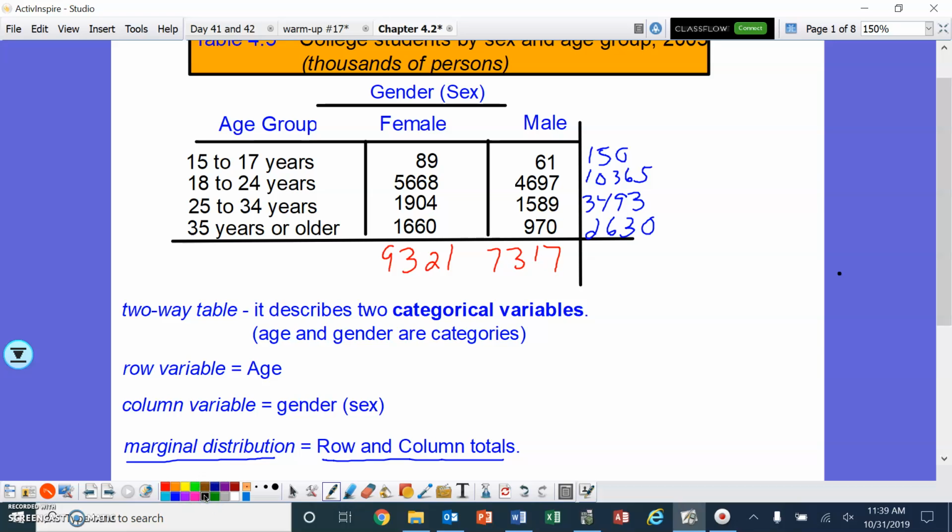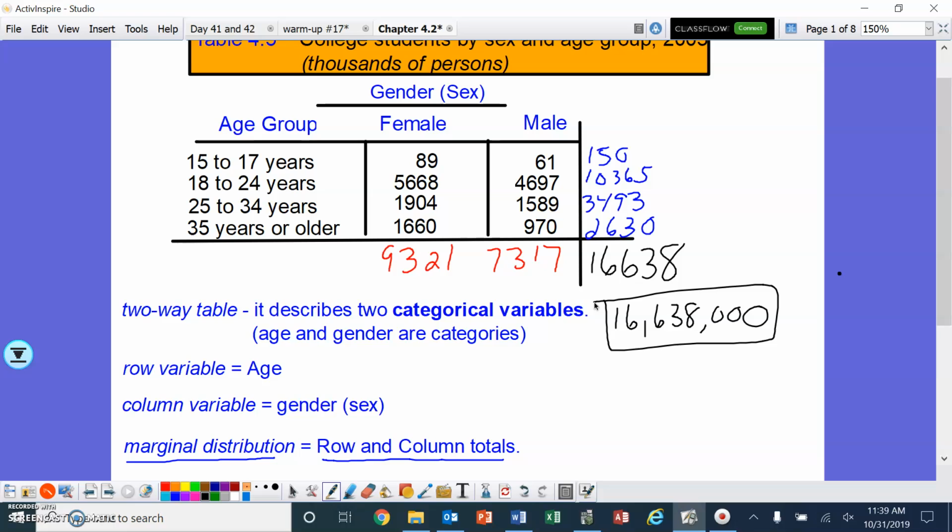You can either add the two on the bottom or add up the last column, and you should get 16,638. Okay, so remember that means 16,638,000 is what that actual number is. But we're not going to use those zeros at the end.